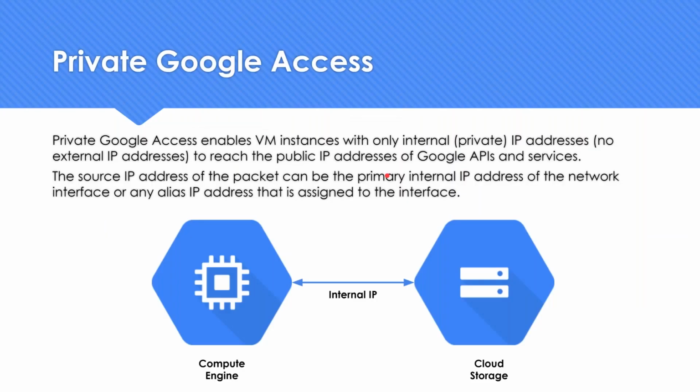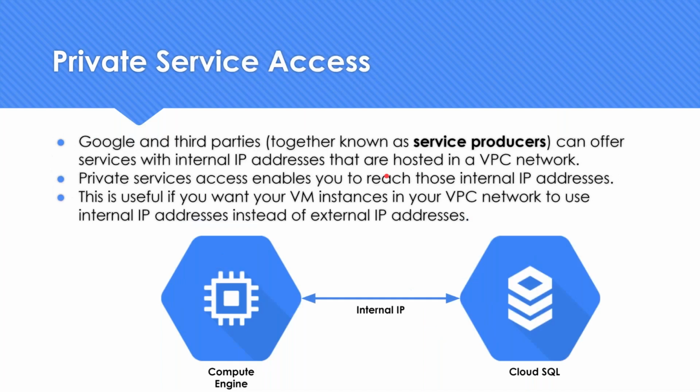The second option is private service access. That is Google access, this is service access. Here, this is primarily for anything which you want to access which is provisioned in Google Cloud Platform infra, and it could be even third parties.